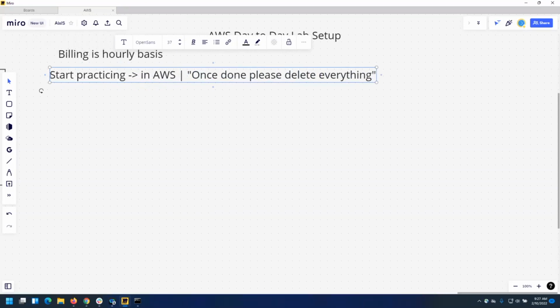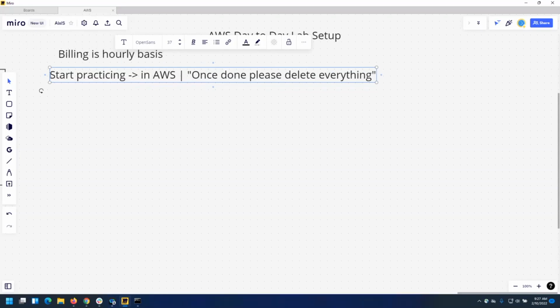Why? Because let's say you deployed one server today, and after that you went on a vacation for a whole week. And if you forget to delete and come back and check, you will see $100 billing for a month. Right? Who will pay that bill? You have to pay on your own.